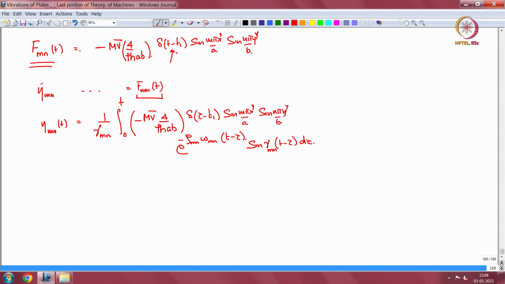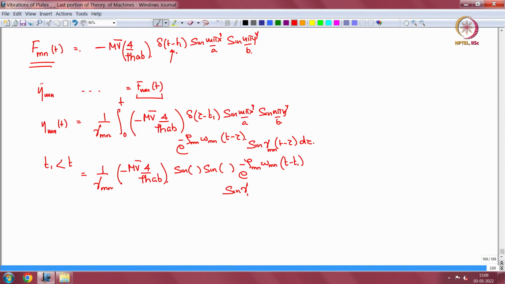Okay, and if T1 happens to be less than t, then we will get 1 over gamma mn minus mv bar 4 by rho h a b, okay, sine m pi x star by a sine n pi y star by b e to the power of minus zeta mn omega mn (t minus T1) sine gamma mn (t minus T1).